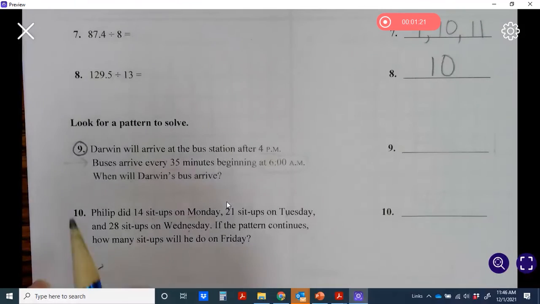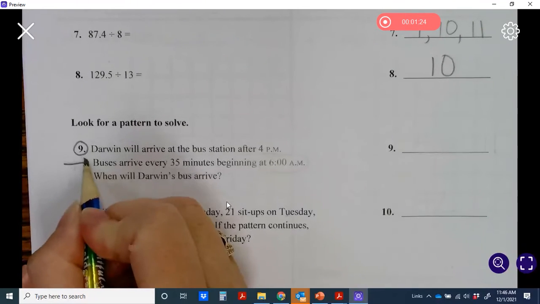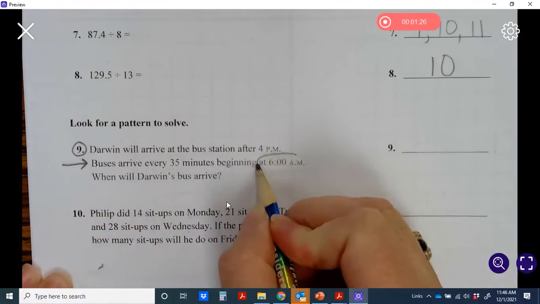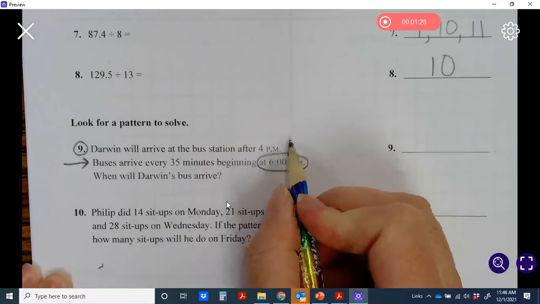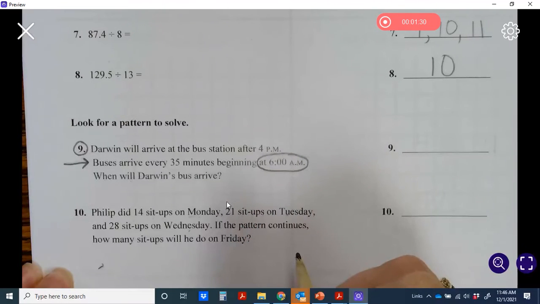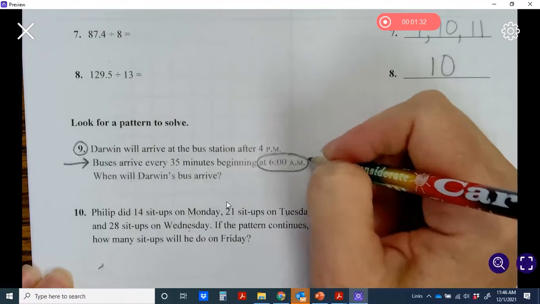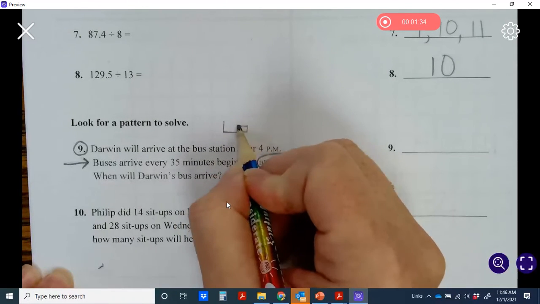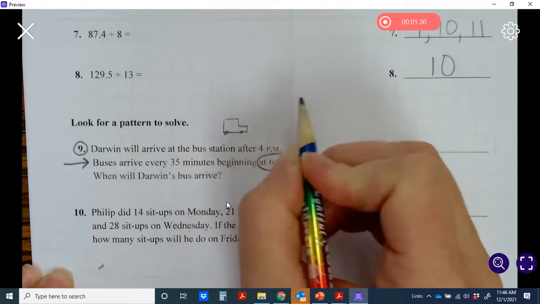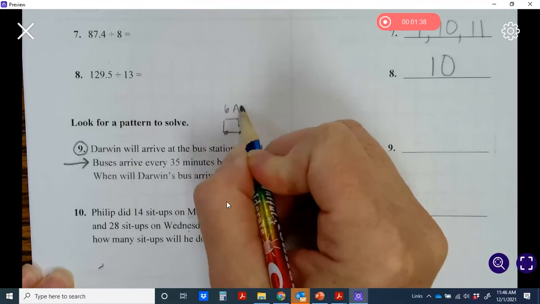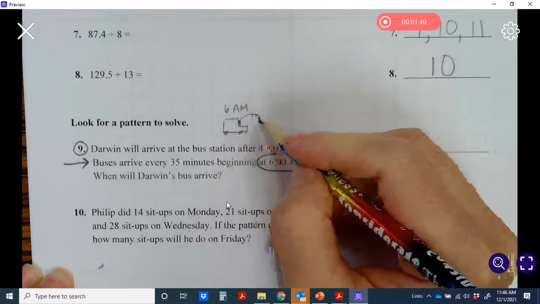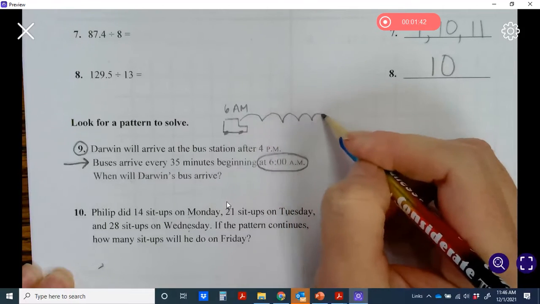Now, we're actually going to start off with the second sentence, and the reason why is because 6 a.m. occurs before 4 p.m. So the first bus comes at 6 a.m. Okay, and another bus is going to come every 35 minutes.